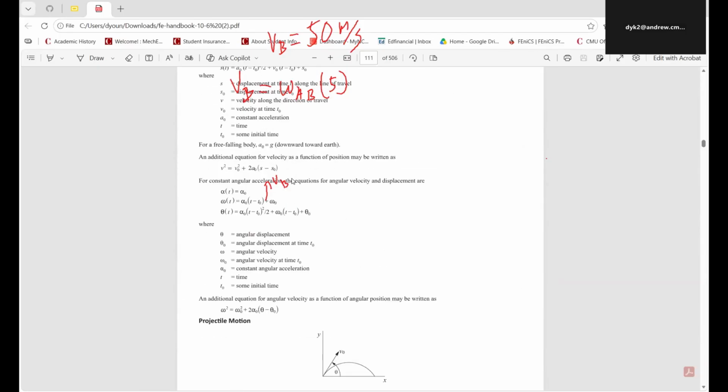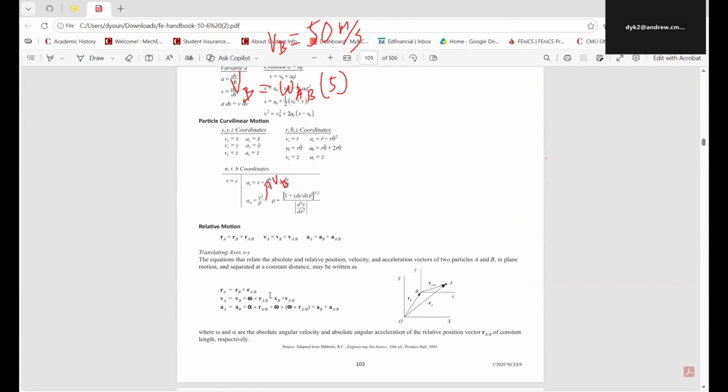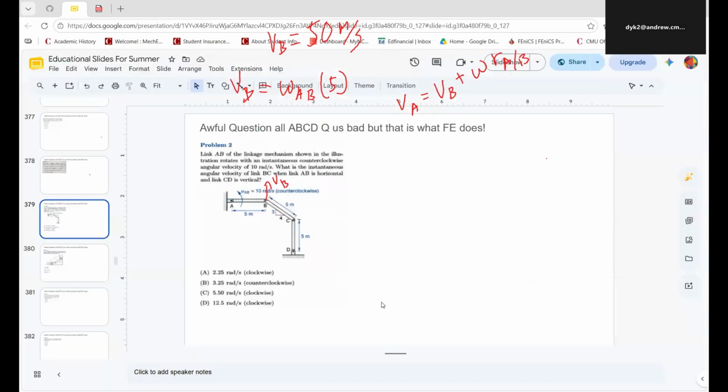Using the relative angular velocities as a cross product. Yeah, here it is, the angular cross product stuff. So VA equals VB plus omega cross r A/B. In this case, we have VB over there, and we're going to do relative r A/B.